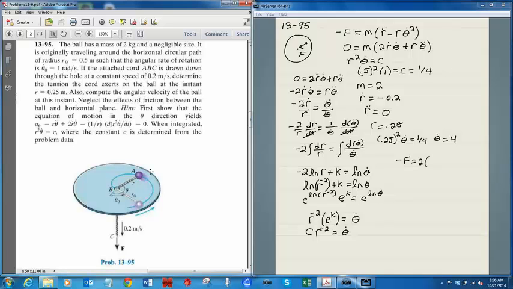So that's 16 divided by 4 is 4, times 2 is 8. And it's positive 8. Alright, so that's what the force is, positive 8. Positive means I am pulling it, which better be true. Okay, so that's the end of this problem.